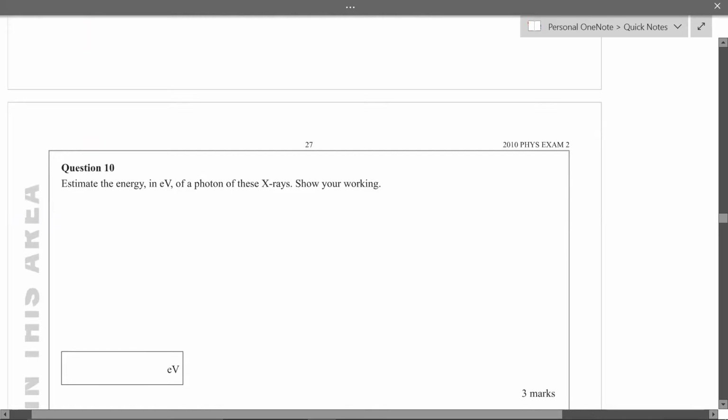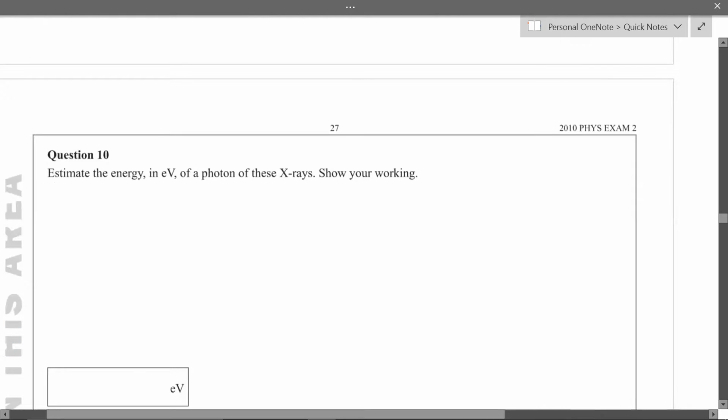So the energy of a photon. What's the answer for this? Is E equals h times f? Yep.